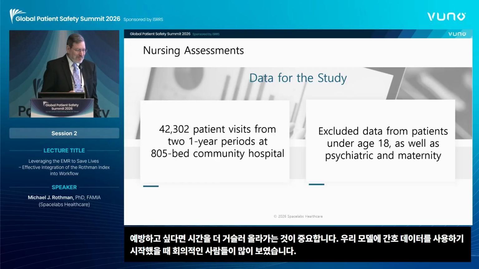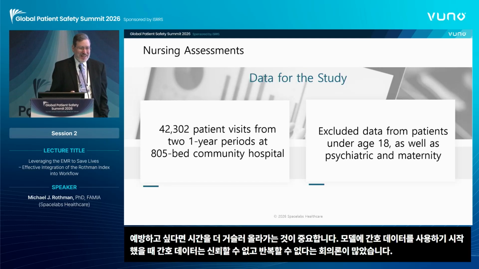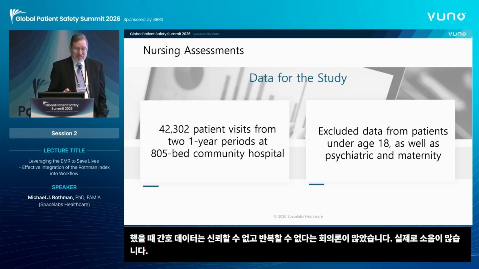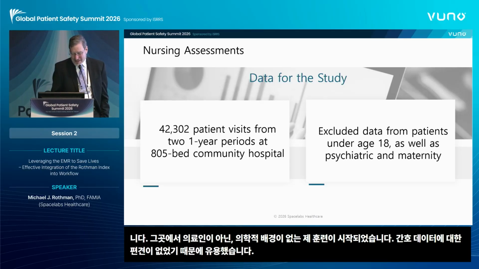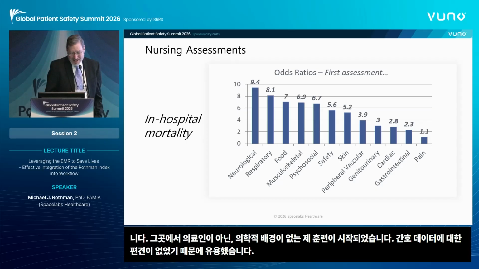That's where my training as not a medical person, not having a medical background, came to be useful, because I didn't have any bias against nursing data. We did a study. We looked at 40,000 patients from a couple year periods at a hospital, and this is what we found. These are odds ratios.